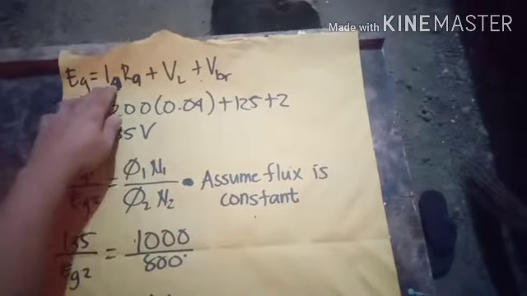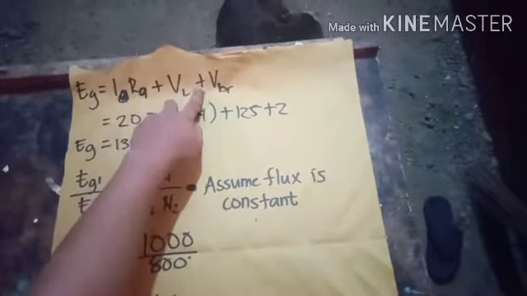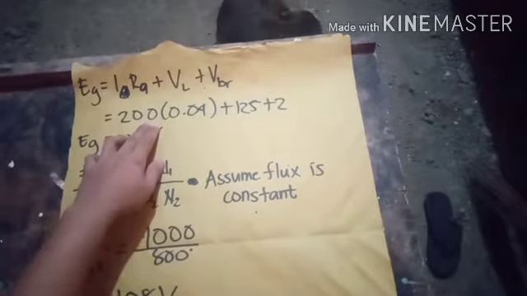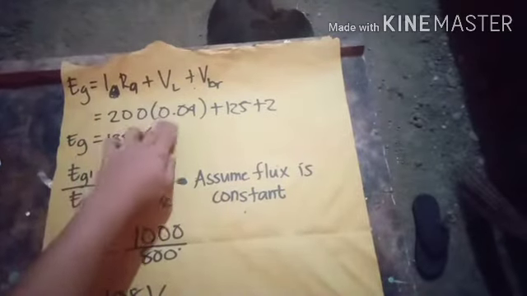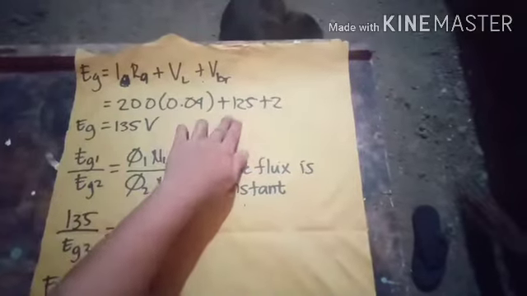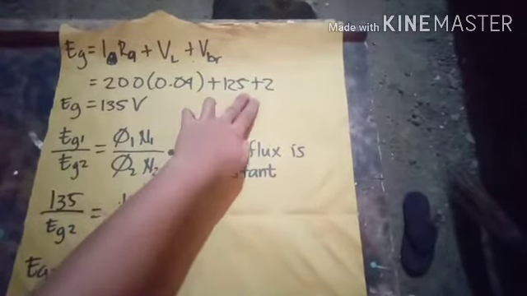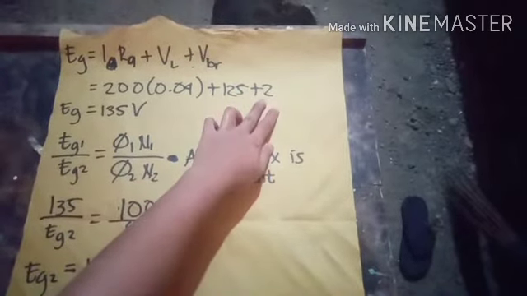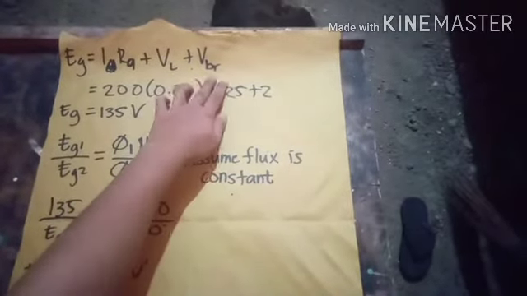solution. Eg is equal to Ia times Ra plus VL plus VBR, equals 200 for the supplied current times 0.04 for the armature resistance plus 125 for the supplied voltage plus 2 for the brush drop.